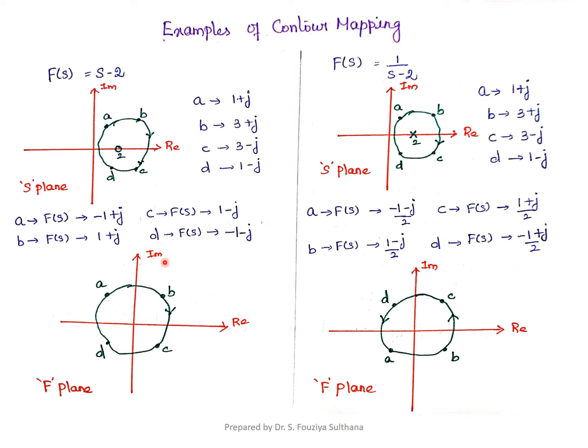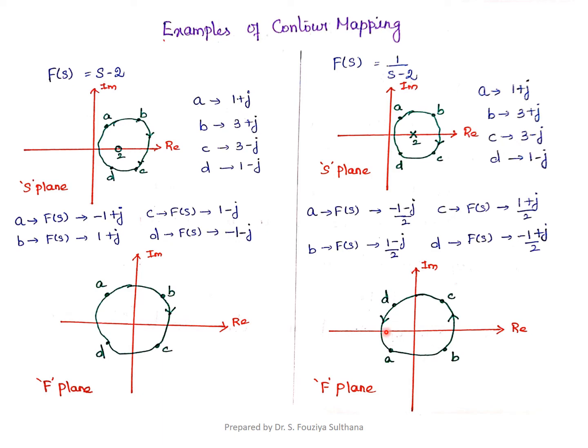If we see the f-plane, the conclusion is that when a zero is encircled in the s-plane, the function will have an encirclement about the origin in the f-plane, and the direction of encirclement is clockwise. Similarly, if we analyze for a pole, it is also having an encirclement about the origin, but the direction is anti-clockwise.